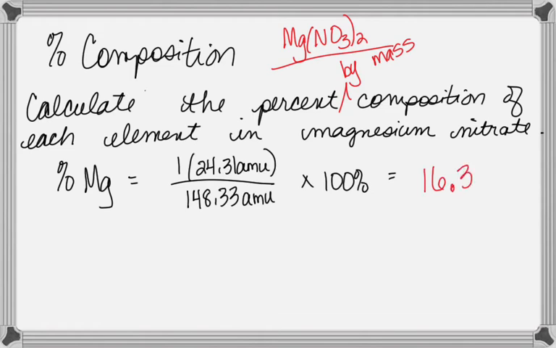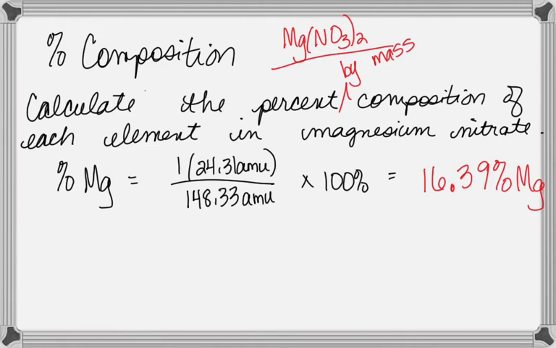I got 16.39% magnesium. Yes? Y'all always check my calculations, because sometimes I do it wrong. If your number doesn't match, don't be afraid to say, hey, I didn't get that. 16.39. Yes.